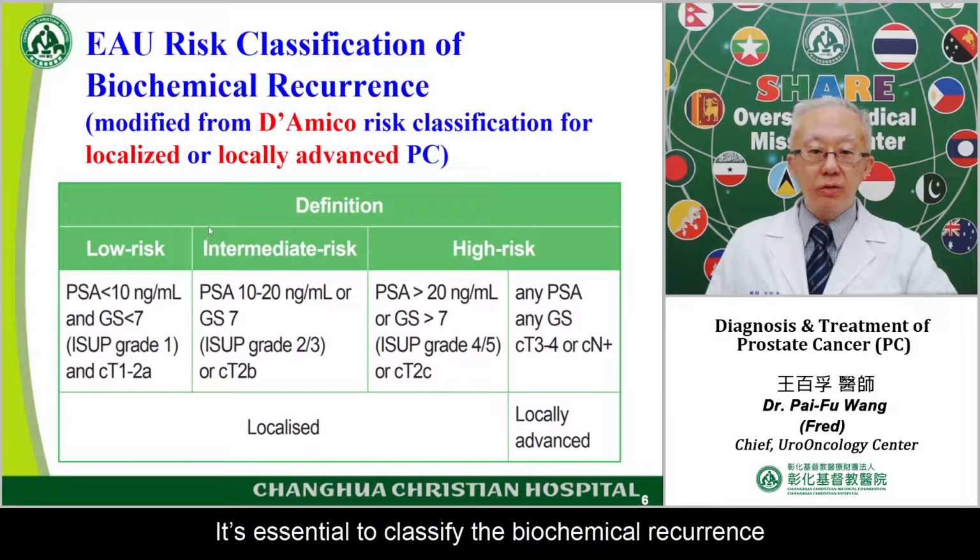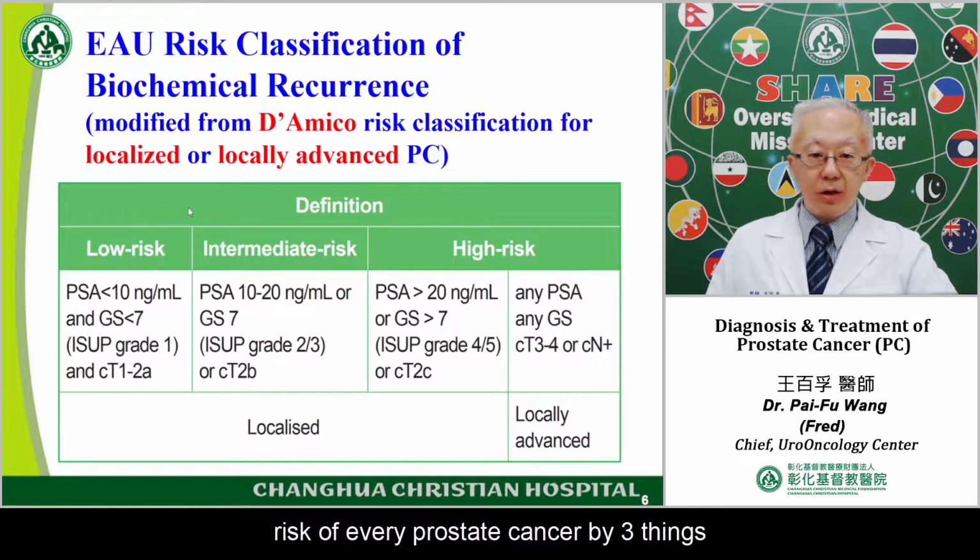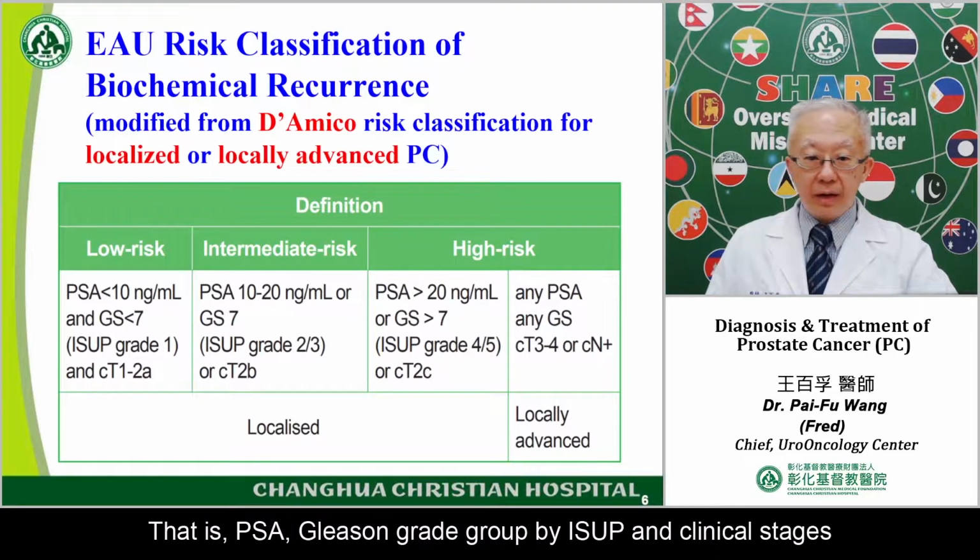It's essential to classify the biochemical recurrence risk of every prostate cancer by 3 things. That is PSA, Gleason grading or grade group by ISUP, and clinical stage.